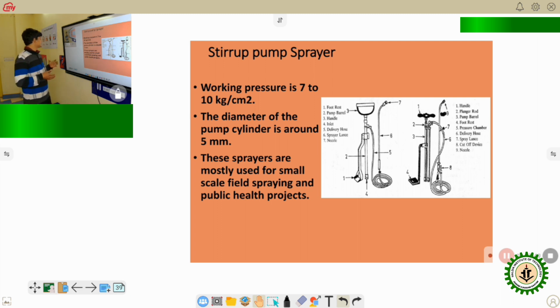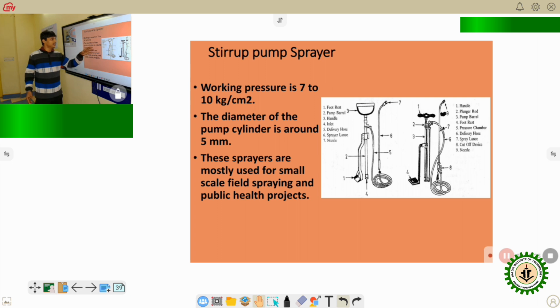So first is the stirrup type sprayer, which I am presenting here. It has different parts, but the main noticeable component of this sprayer is pressure. A pressure of around 7 to 10 kg per centimeter square has to be used for proper operation of this stirrup pump type sprayer.